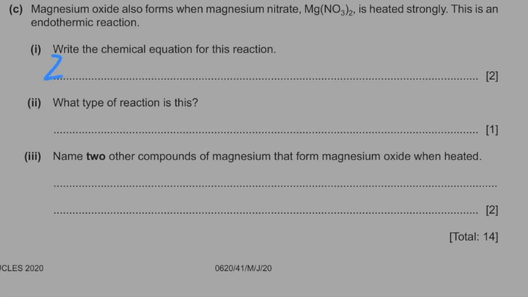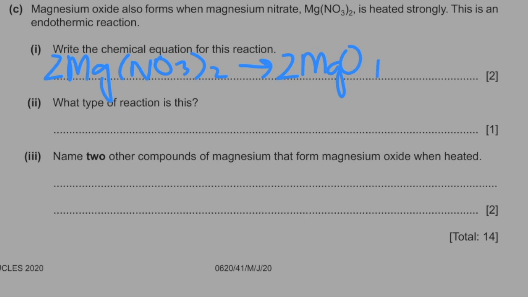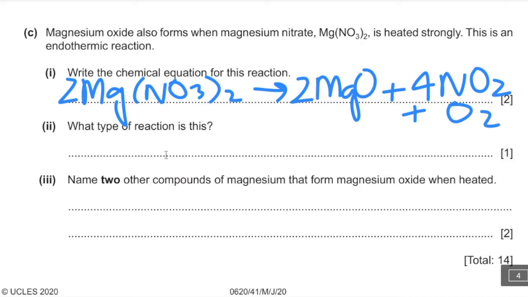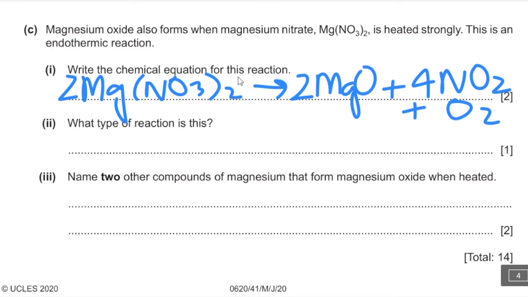And so we have magnesium nitrate gives magnesium oxide, nitrogen dioxide, and oxygen. Traditionally, writing the equation this way by starting with the complete number of moles is wrong, but since this is one of the equations which you are supposed to be memorizing by heart, I wrote it this way.